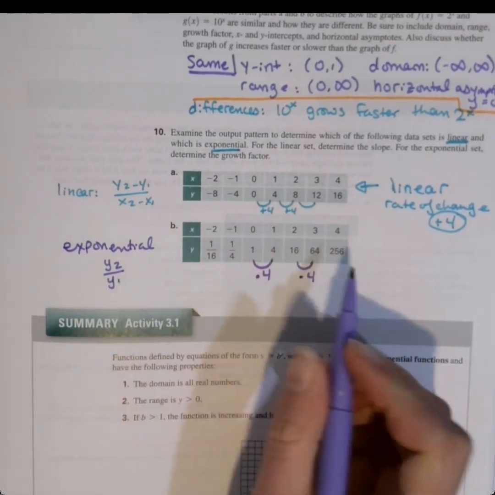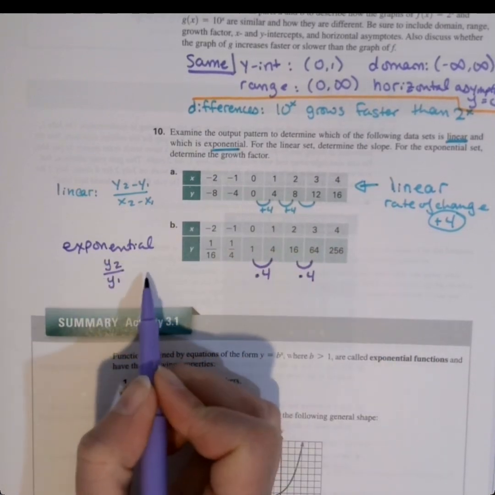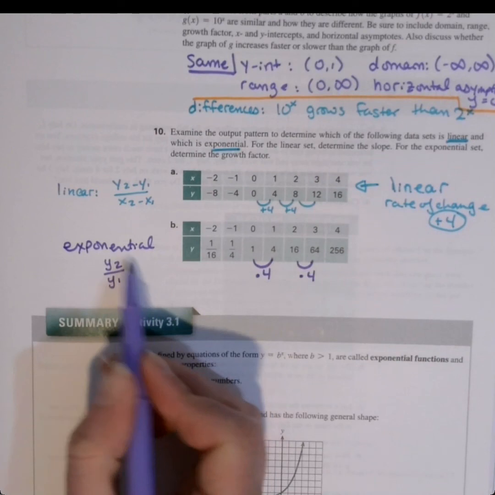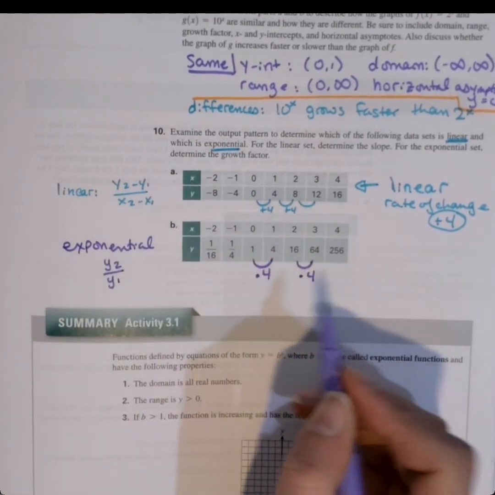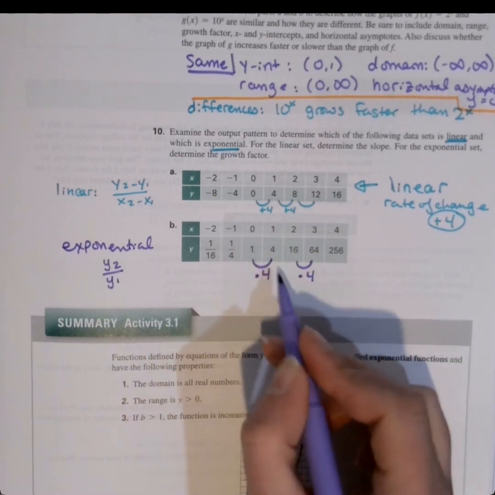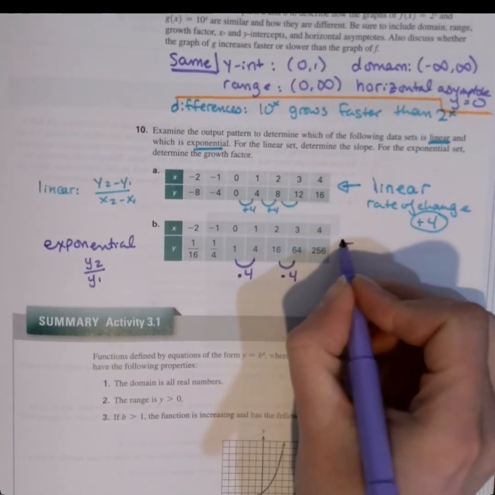So if you take 16 divided by 4, that gives you 4. If you weren't sure what you had to multiply by, you could divide two values. If you're not sure what you'd need to add, you could subtract your y values. But I can see that if I multiply by 4, multiply by 4, multiply by 4, this is multiplicative. So this is exponential.